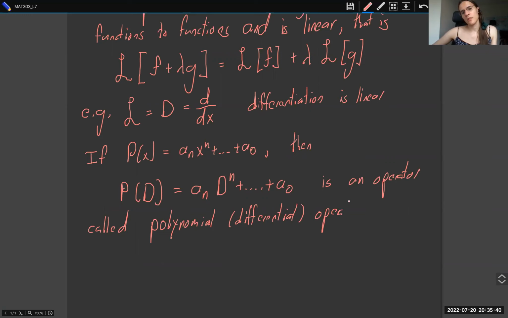So we're basically going back to the theory of constant coefficient linear equations.